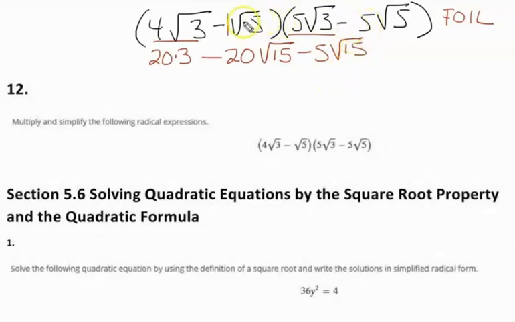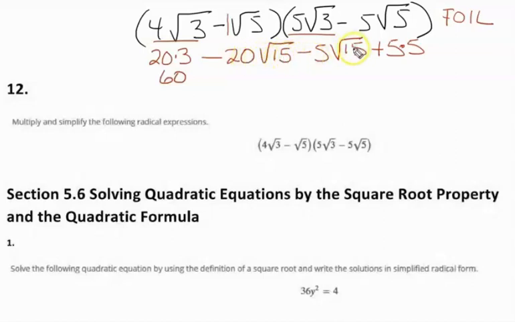All right, now our last. A negative times a negative is going to give us a positive 5. Now, the square root of 5 times the square root of 5 is the square root of 25. Square root of 25 is 5. Now, we do this. This is going to be 60.